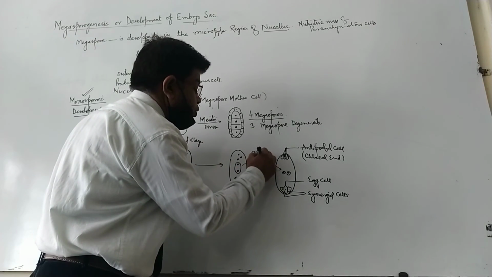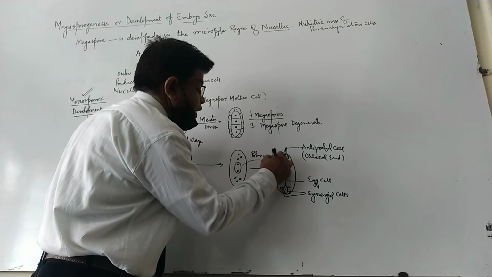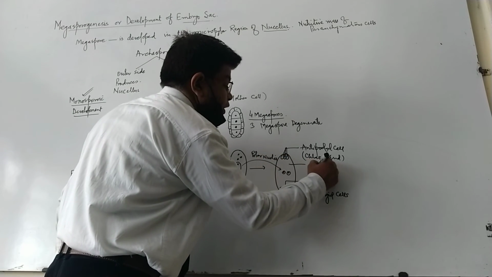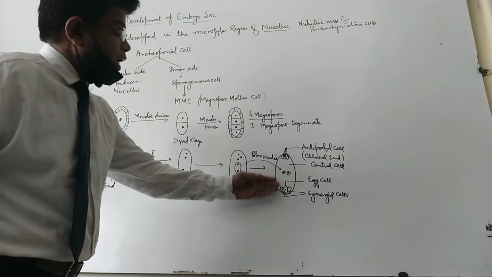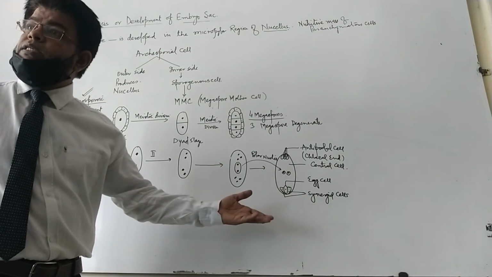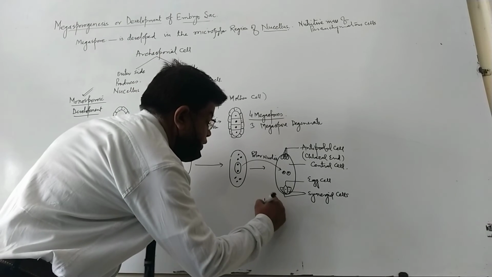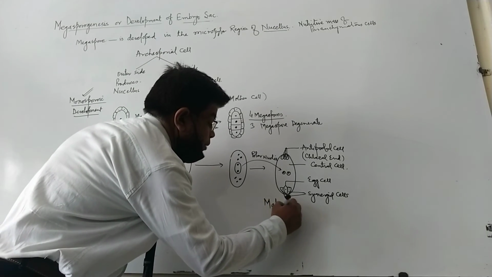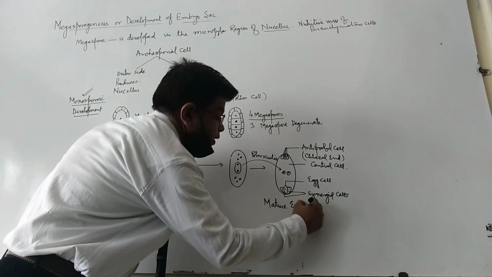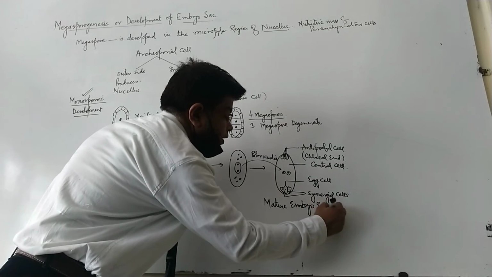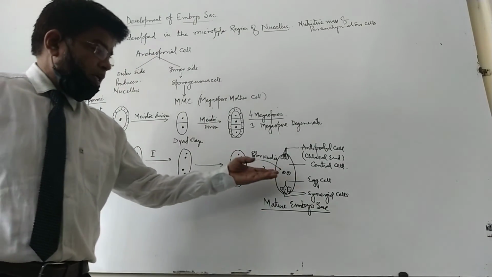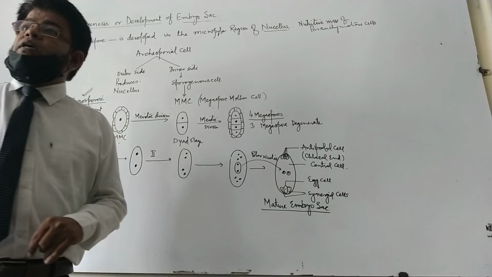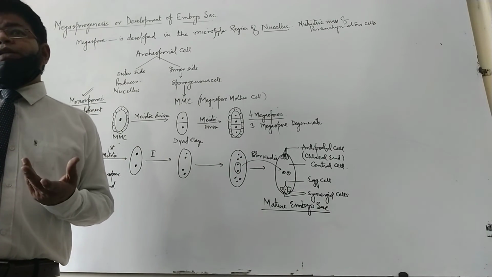This is the central cell, and here the development completes. This is the mature embryo sac, which contains 7 cells and 8 nuclei.